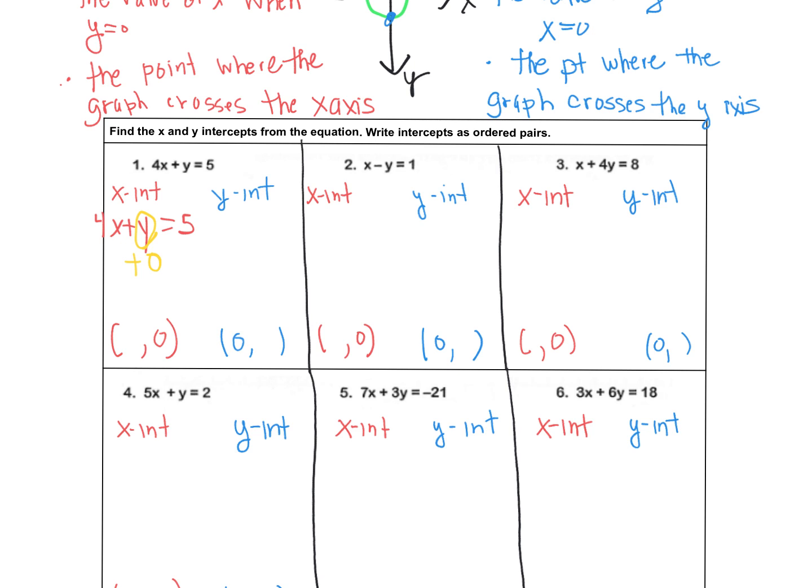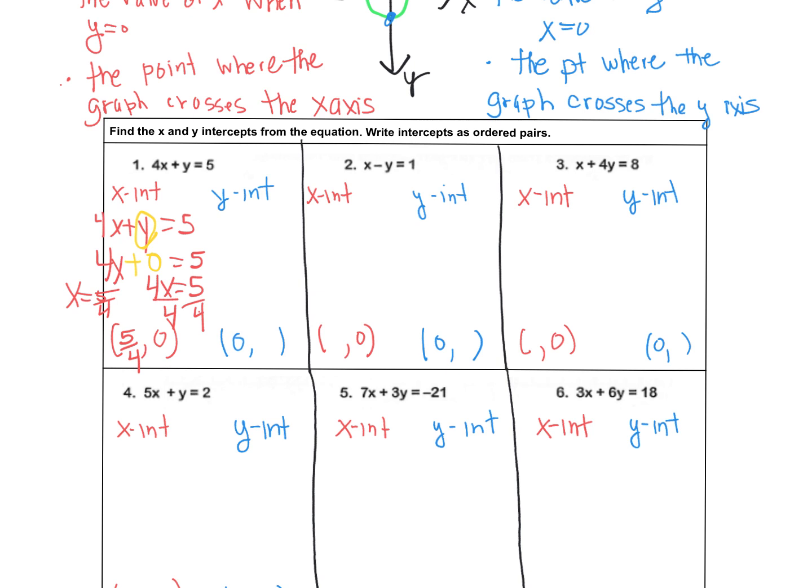I'm then going to have 4x plus 0 equals 5. That plus 0 is going to fall out of the problem, and I'm going to have 4x equals 5. When I divide both sides by 4, I will have x equals 5/4, and that's going to be the value of my x-coordinate.